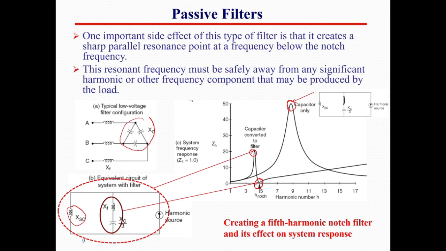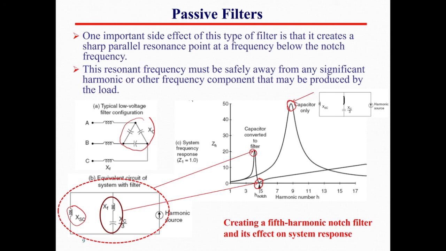So what is the effect of the harmonic filter? A harmonic filter can create a sharp parallel resonance at a frequency below the notch frequency. The notch frequency is the frequency that we choose to take care of the harmonic.